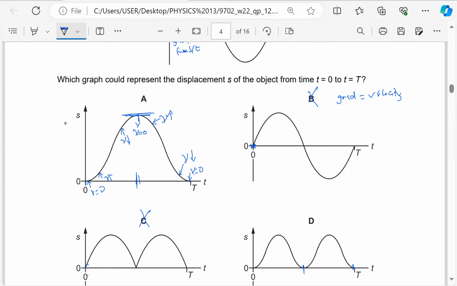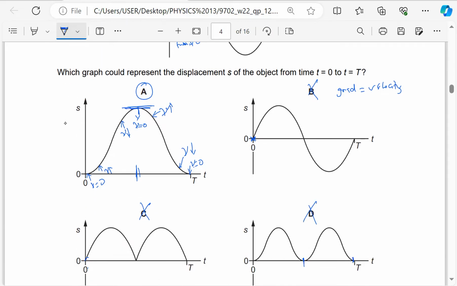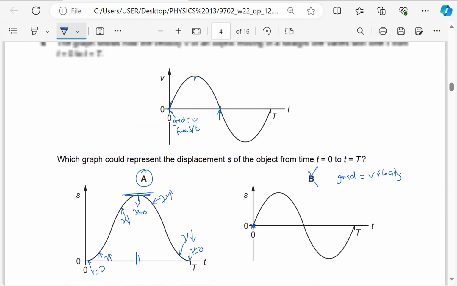So it means our graph is going to be A, because D is not depicting what is happening here. Velocity increases to maximum at a quarter of a cycle, at a quarter of t, then it goes to 0 at half t, which is being shown by the first graph.